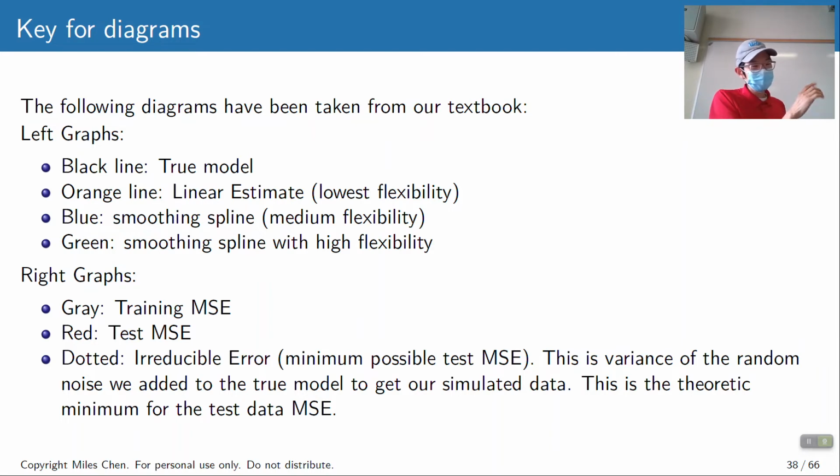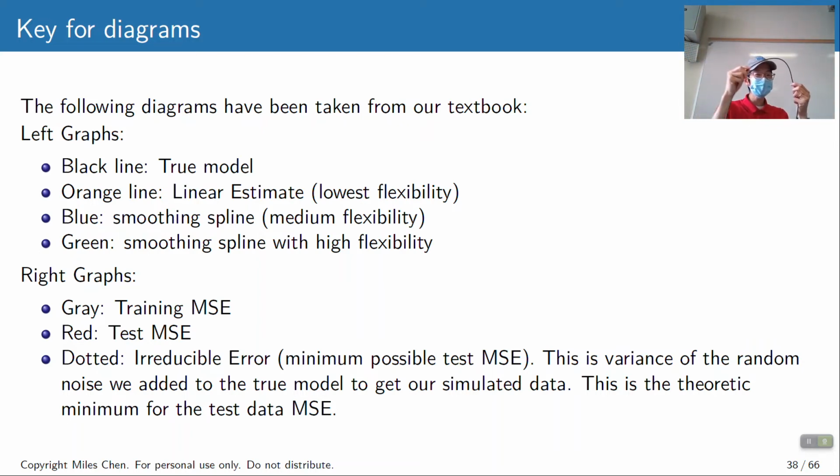One is you can say, I want it to be less flexible, and one is I want it to be super flexible. You can think of fitting a smoothing spline as like bending a cable. You have the data and you want to fit it. A less flexible one is like taking a thick cable and trying to make a curve with it. It's really hard to get really tight turns with such a thick cable.